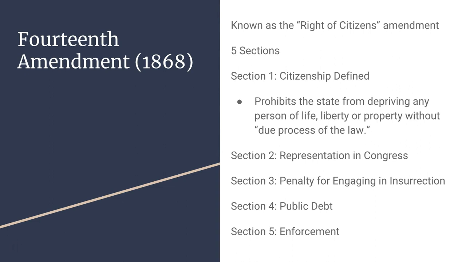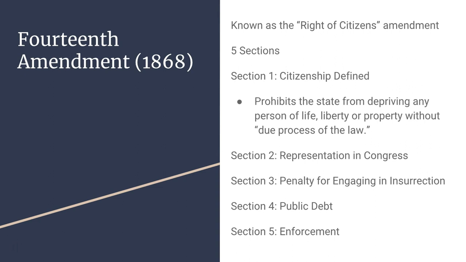So obviously this is direct correlation to all those freed slaves coming out of the Civil War. They are now granted citizenship of the United States. Other sections go into a little bit more detail, particularly talking about different methods of punishing or penalizing the Confederate states or former Confederate states for their actions in the Civil War.